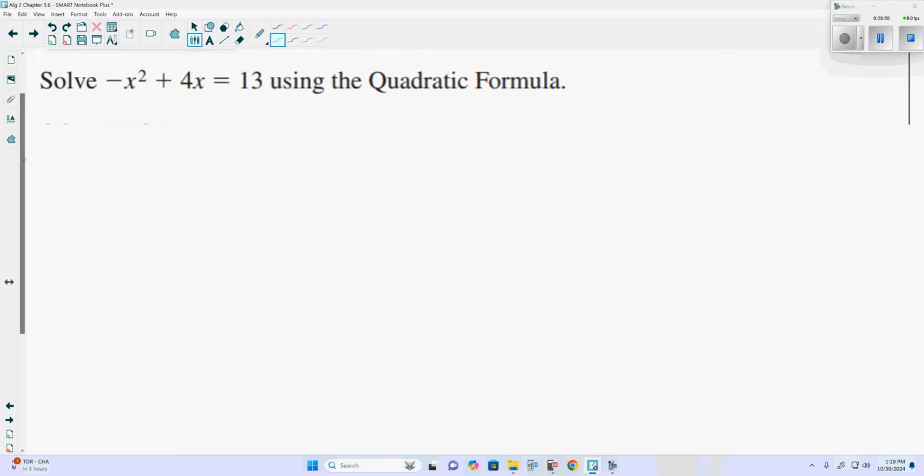Negative x squared plus 4x equals 13. What can we do to make this be 0? Exactly, we can minus 13 from both sides.